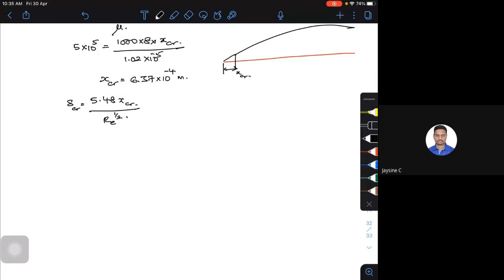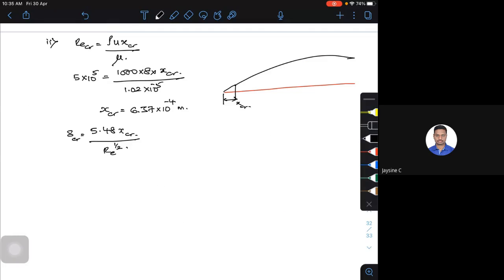Then for the remaining turbulent portion, delta will be 0.37 into (8 minus x critical) divided by RE to the power of 1 by 5.